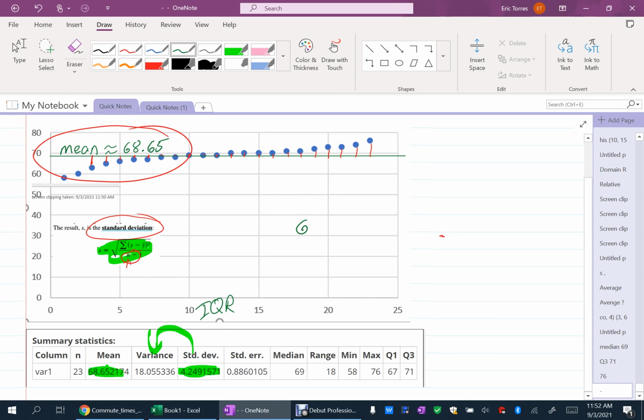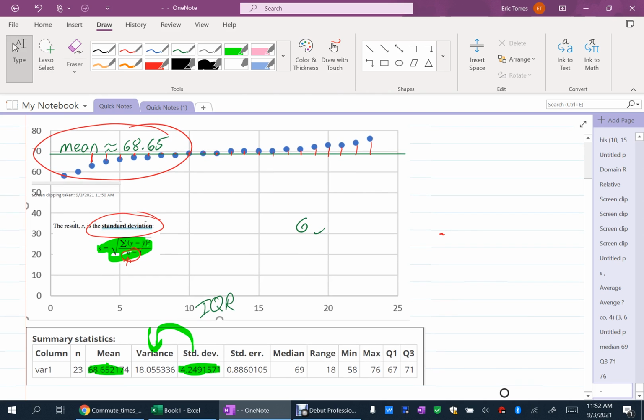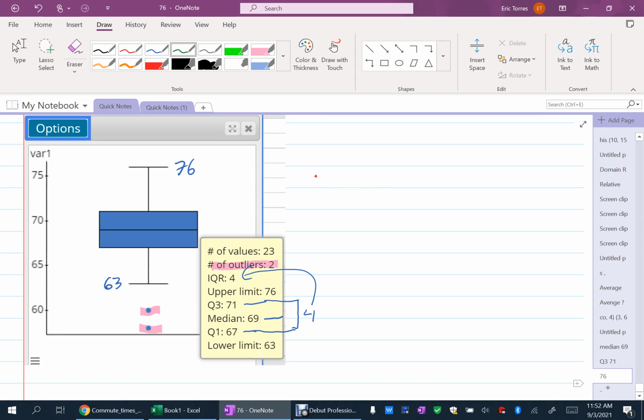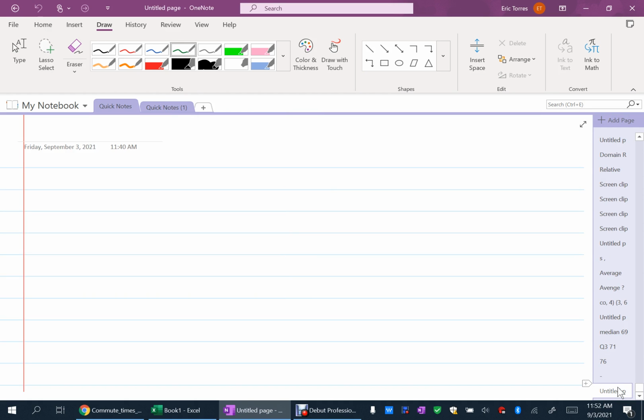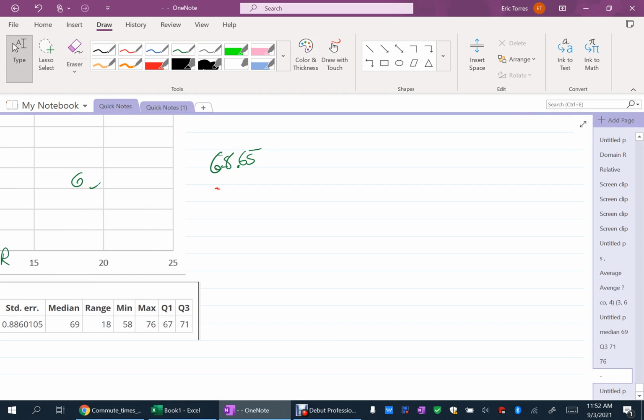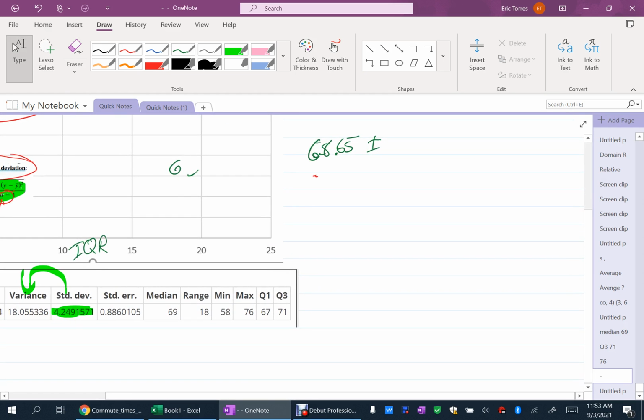Let me write it over here. 68.65 plus or minus the standard deviation divided by 2.